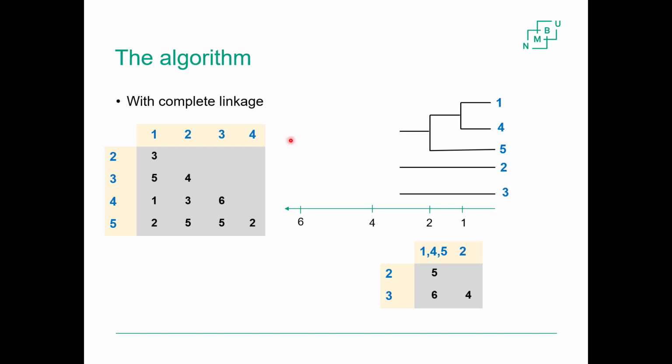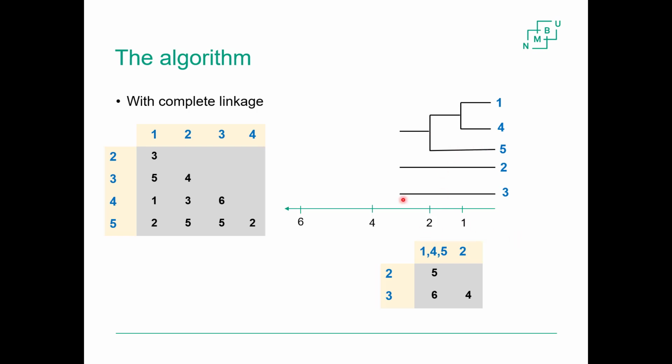That's if you use a complete linkage. Not with a single linkage, or with an average either, actually. But with a complete linkage, it has this nice interpretation that if you cut the tree at a given height, then you are guaranteed that all the members in a cluster are within that diameter, you could say.